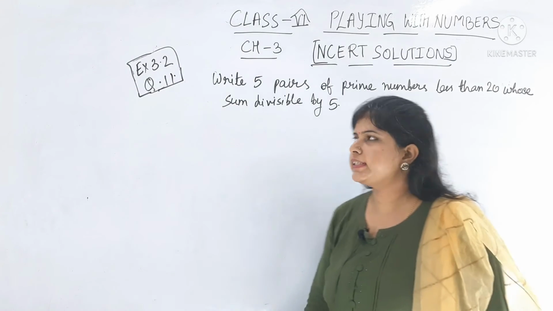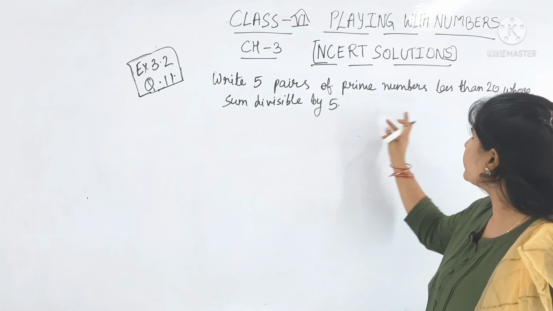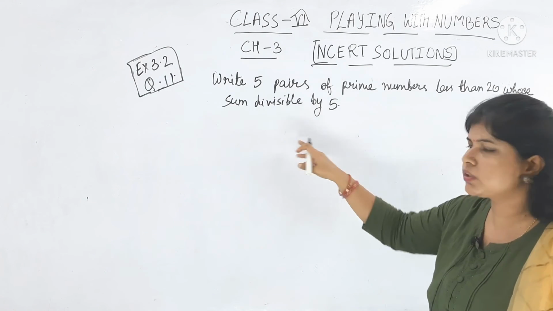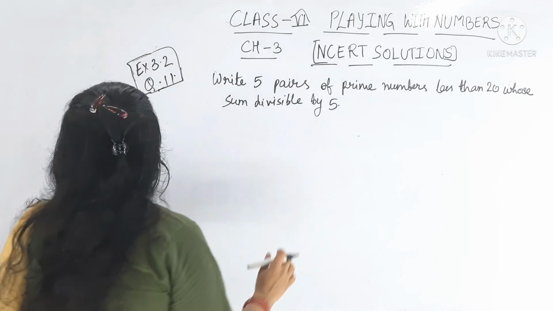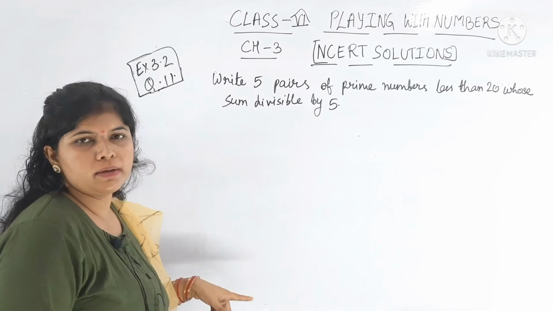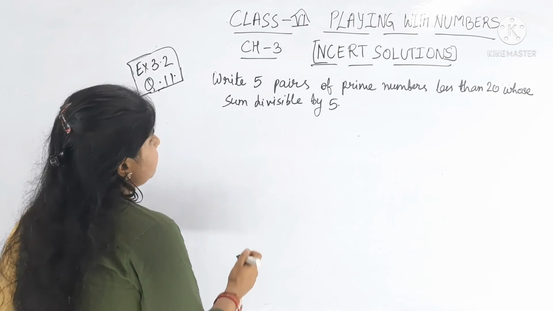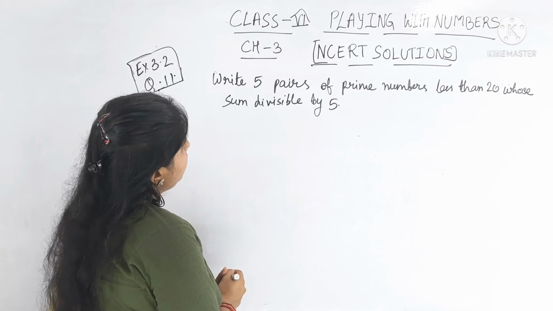Okay students, let's see question number 11. Write 5 pairs of prime numbers less than 20 whose sum is divisible by 5. So we have to write the sum of two prime numbers.